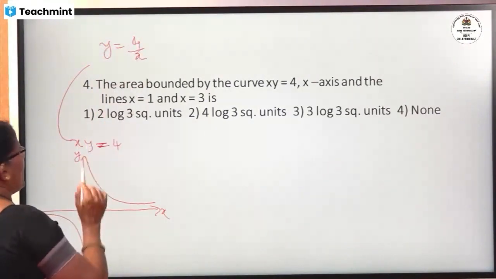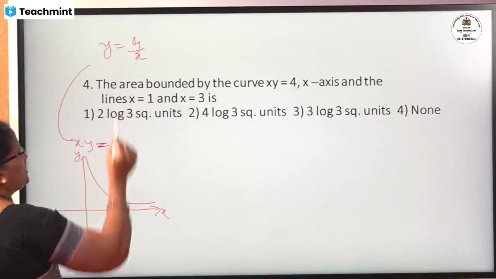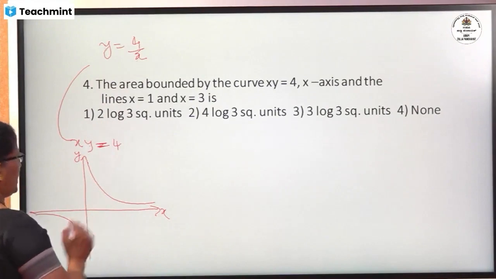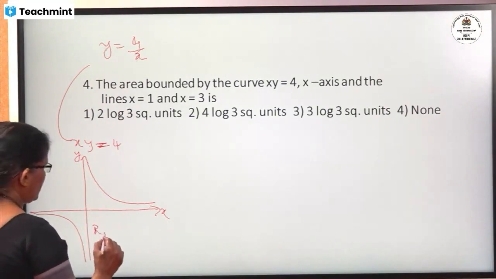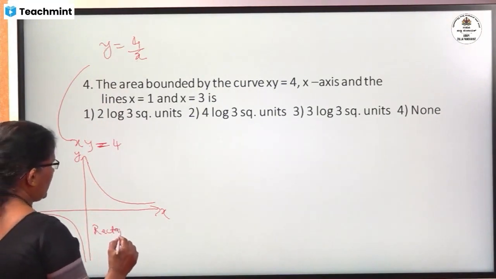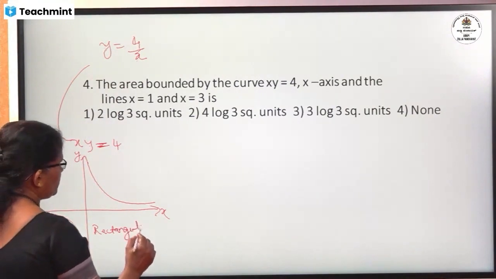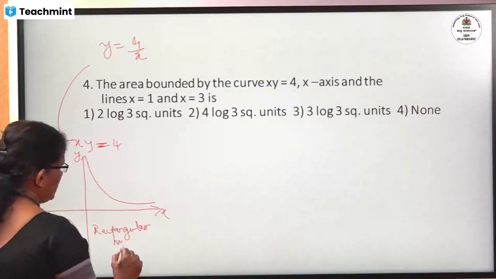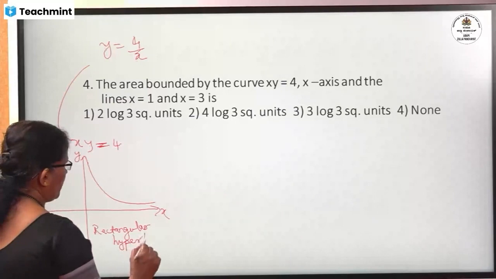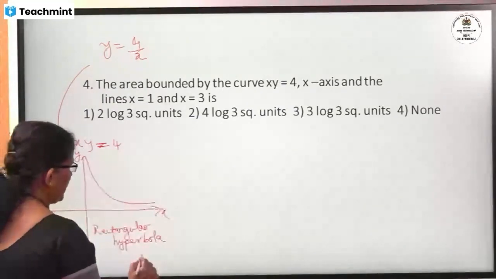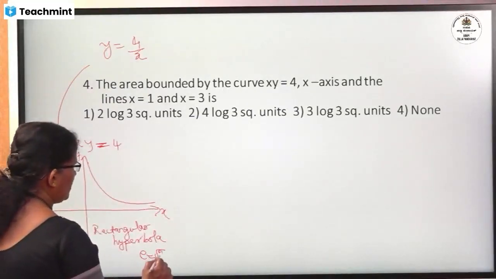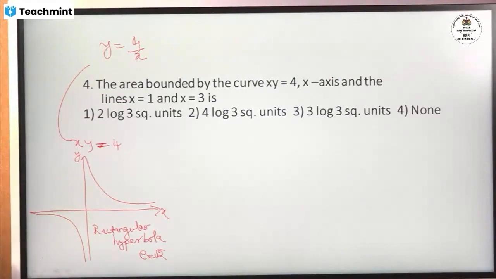So y is large, and when x is large, y is small. So this is the graph, and this is known as a rectangular hyperbola. For a rectangular hyperbola, remember that the eccentricity will always be root 2.